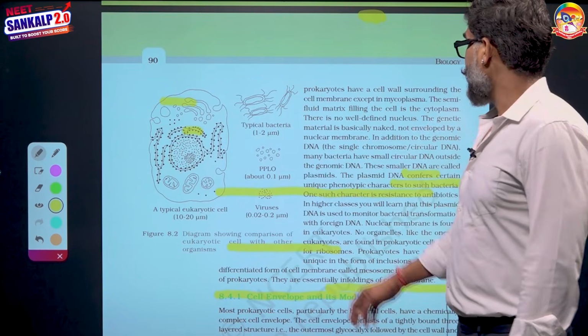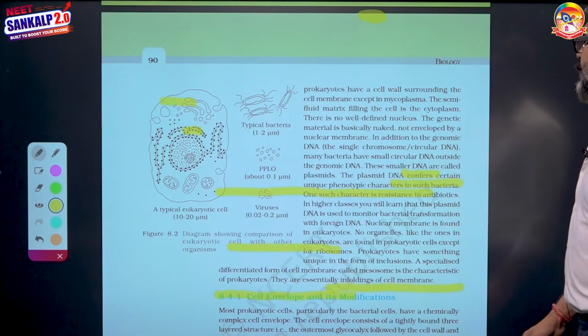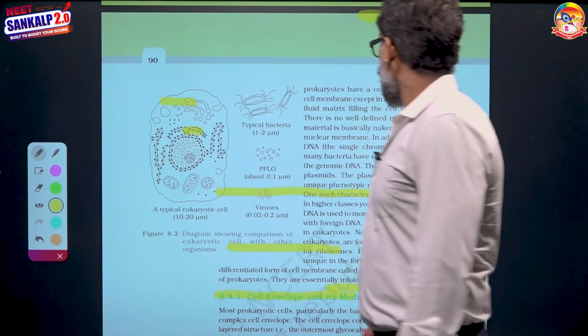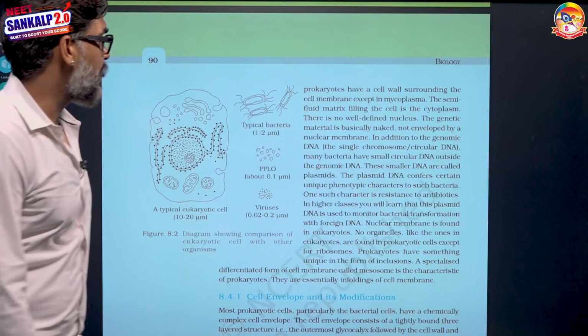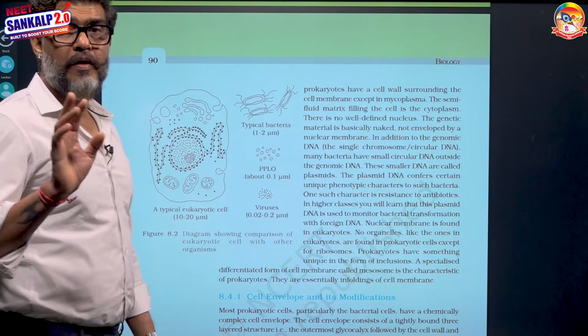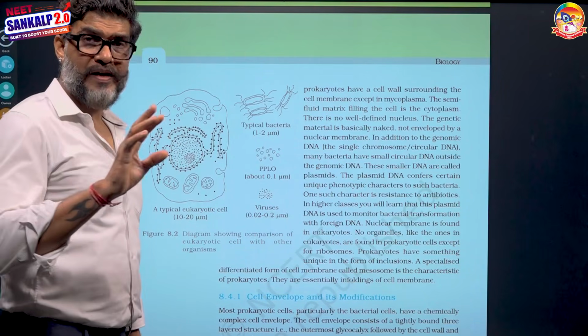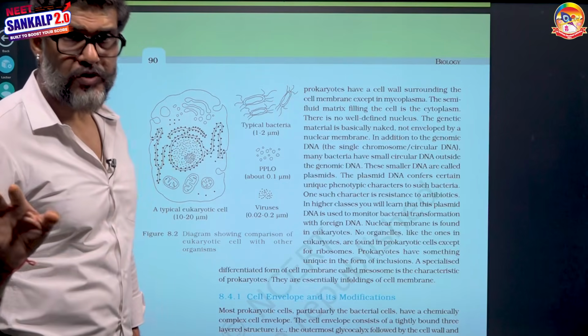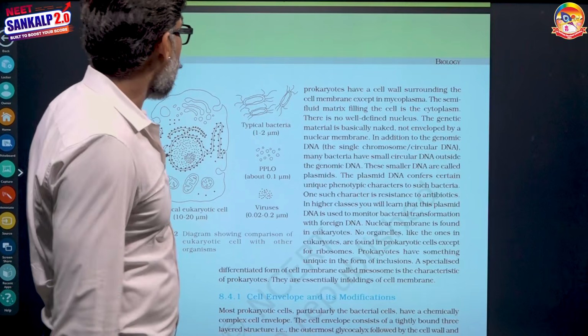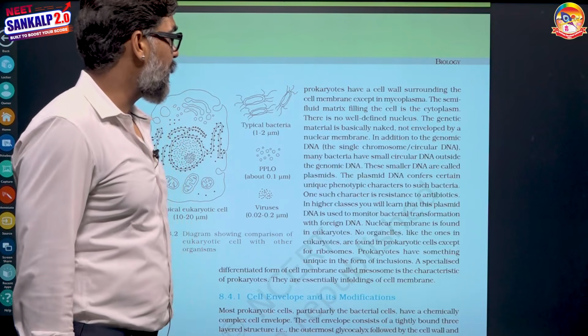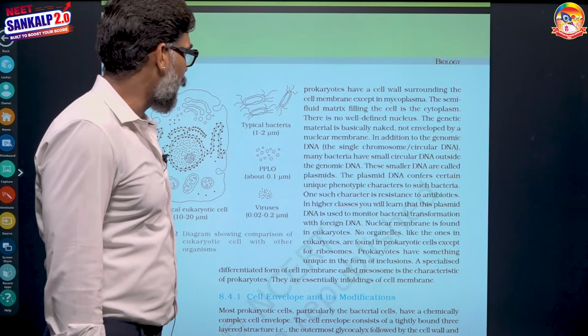Then here, prokaryotic cells. Prokaryotes have a cell wall surrounding the cell membrane, except in mycoplasma, which means only mycoplasma is the prokaryotic cell in which any kind of cell wall is not present. The semi-fluid matrix filling the cell is the cytoplasm, as we have already discussed.